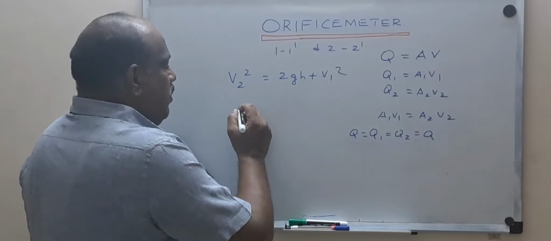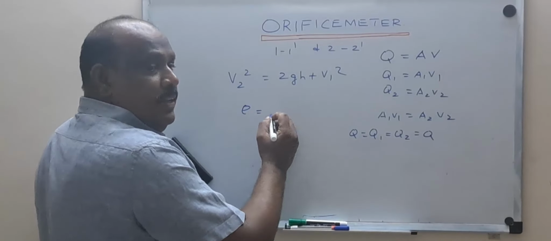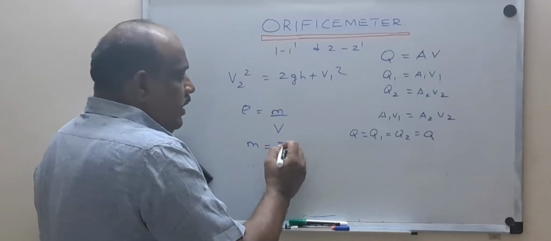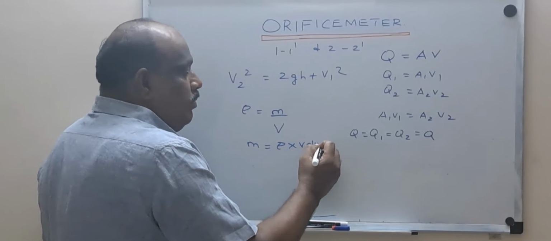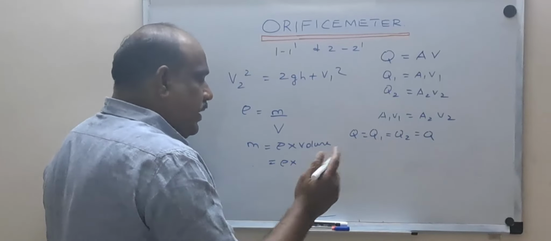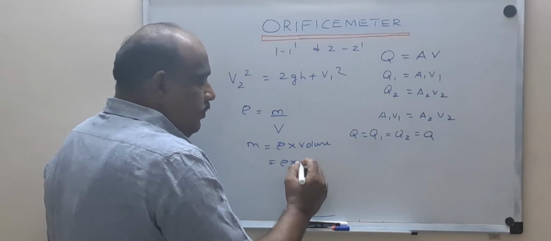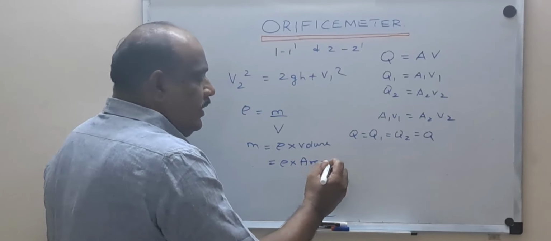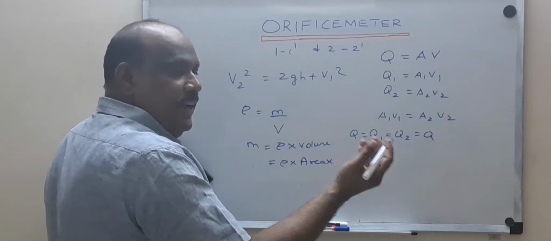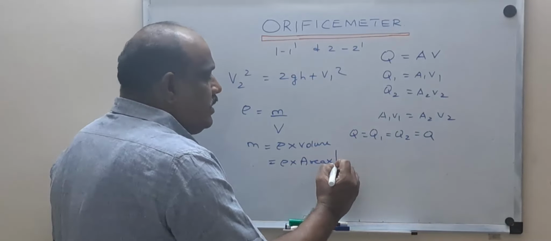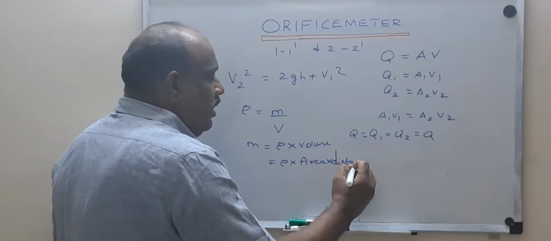So what is mass? What is density? Mass by volume. So mass is density into volume. What is the formula for volume? For any volume, area into length, or area into height, or length into breadth into height. So I am taking length into breadth as area, and this other dimension is some distance.